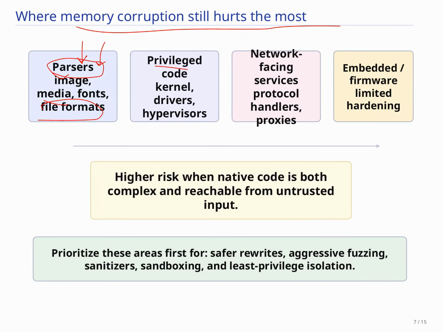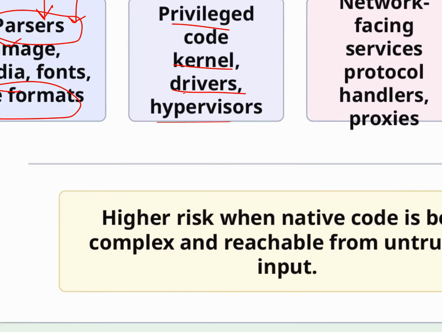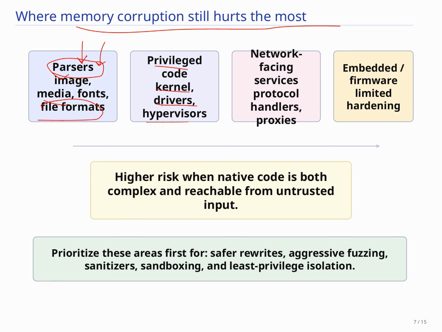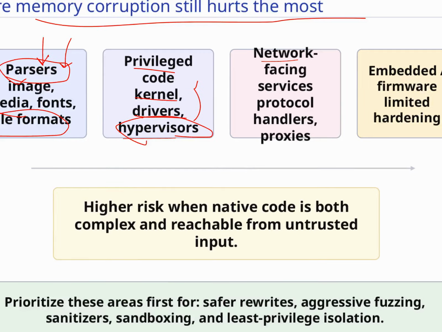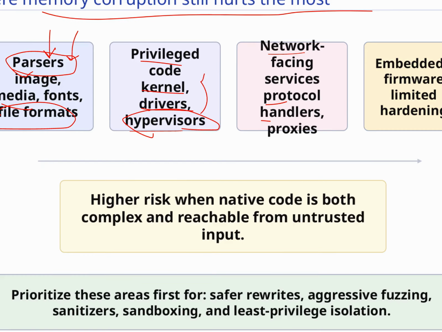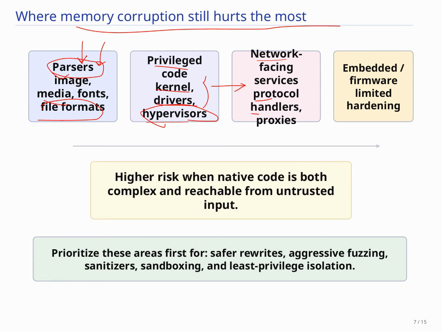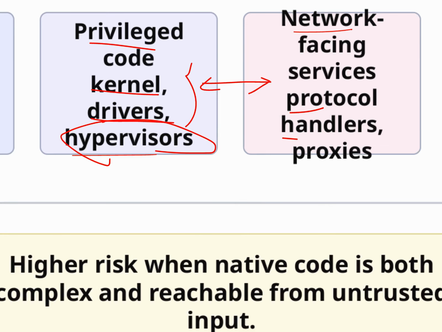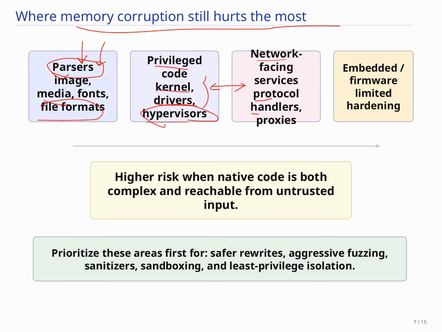The other one is privileged code: kernel, drivers, and hypervisors. This is mostly about the server part, which also includes network-facing services, protocol handlers, and proxies, like the HTTPS daemon, Apache daemon, Java-based Tomcats, and Python-based applications.